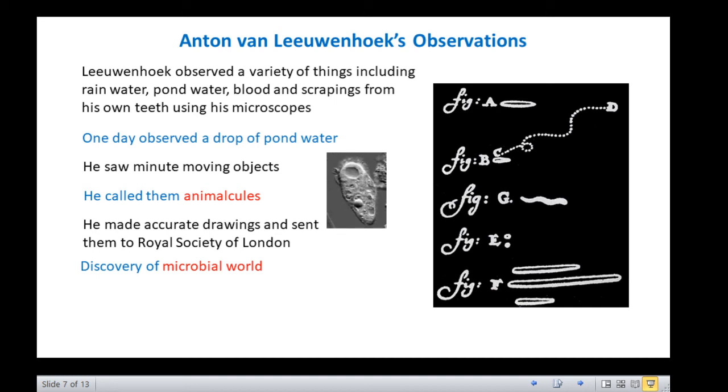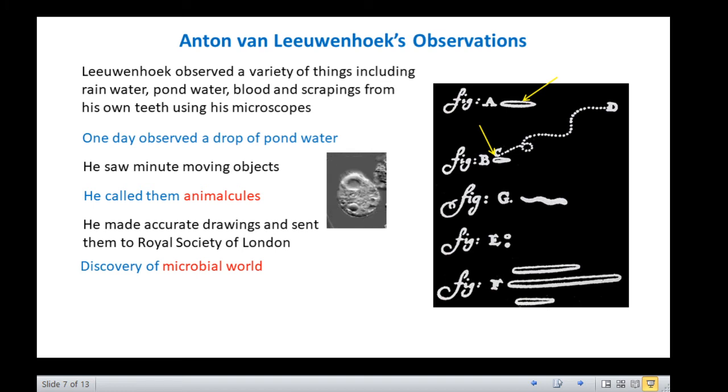In the figure on the left, you can see that A and B represent rod forms and C and D indicate the pathway of the motion.